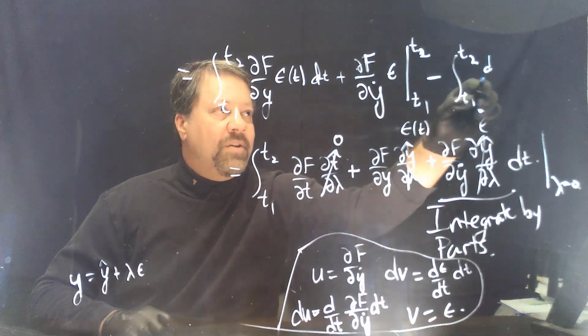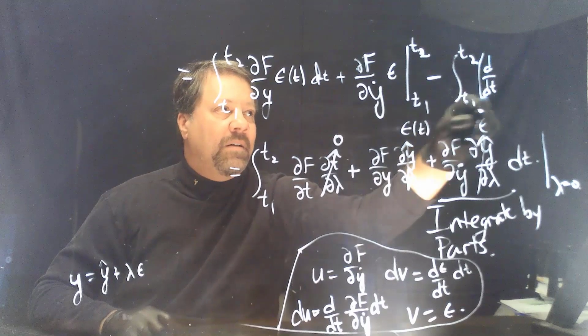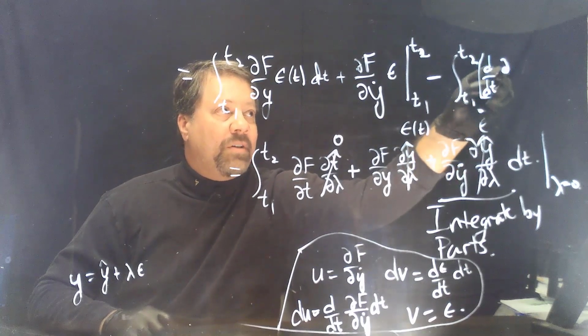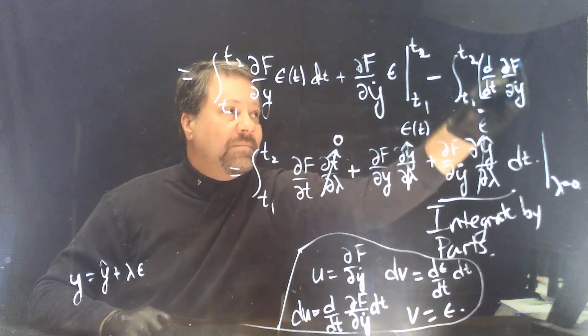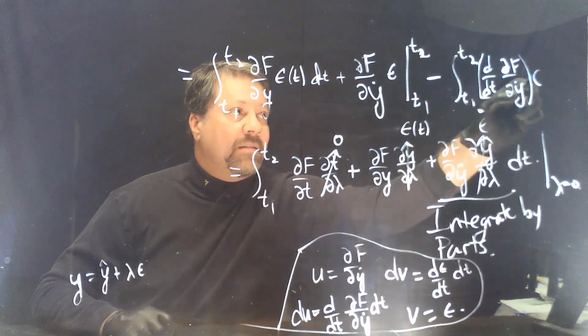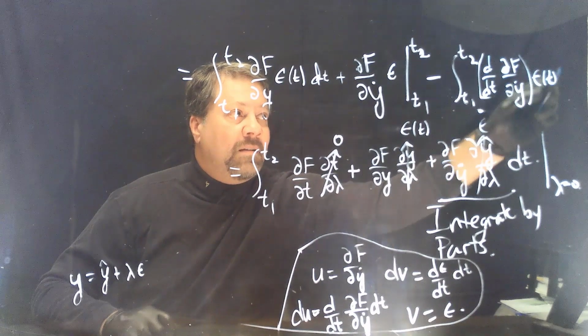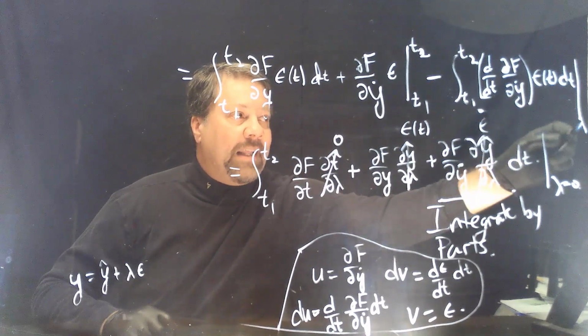That's the derivative with respect to time of the partial derivative of f with respect to y dot times epsilon times dt, evaluated at lambda equals 0.